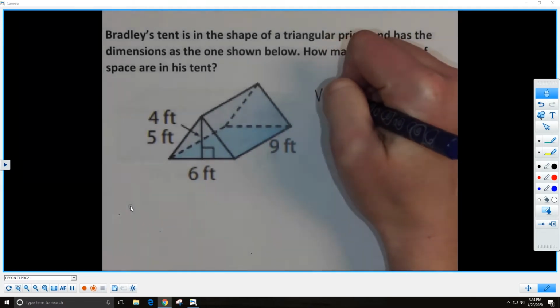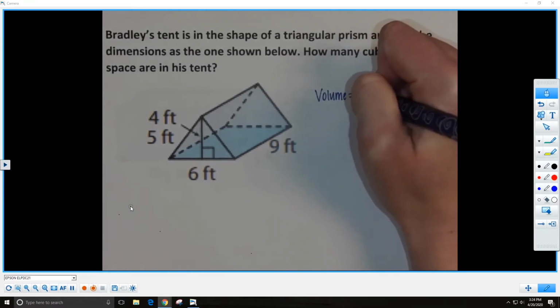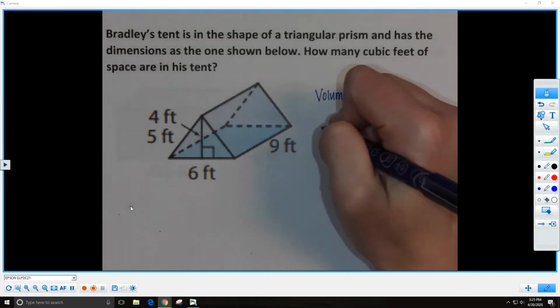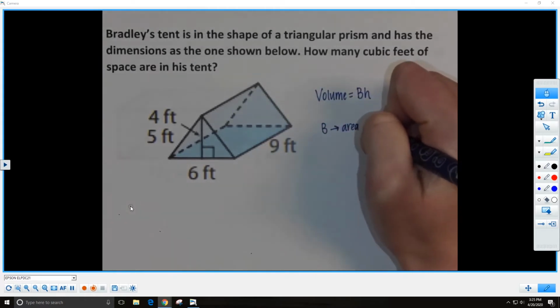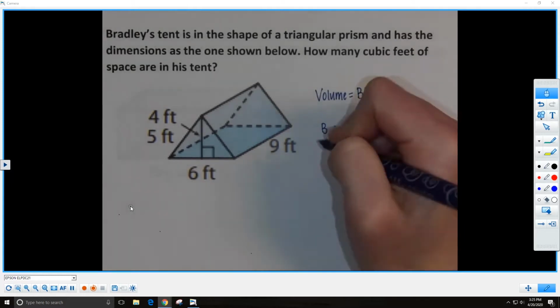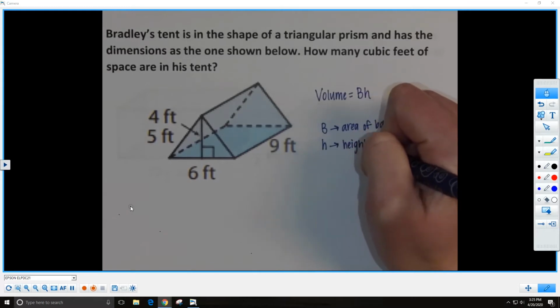Volume equals BH. B is the area of the base, and H is the height.